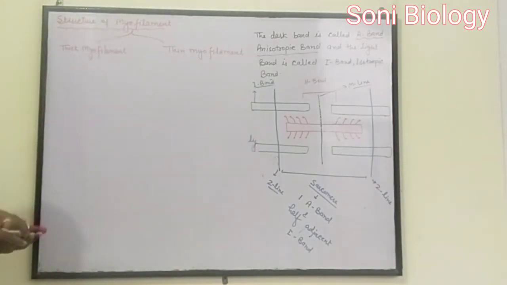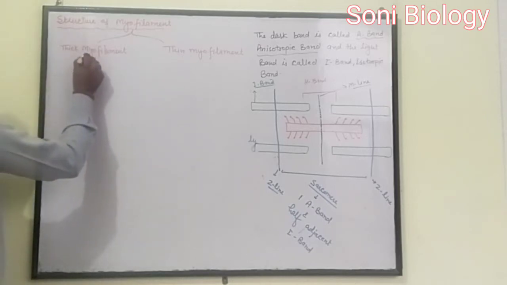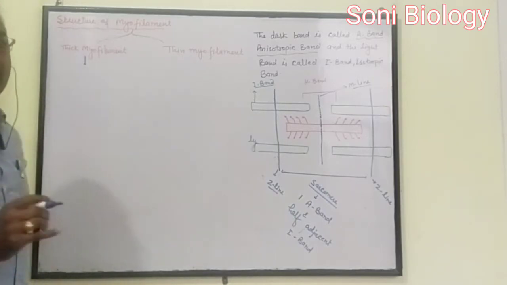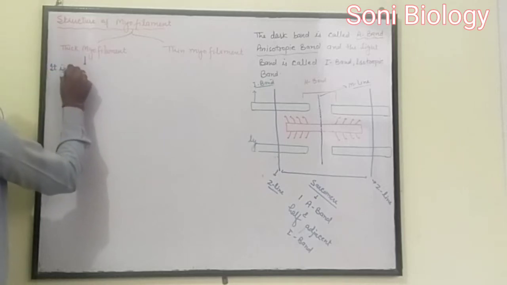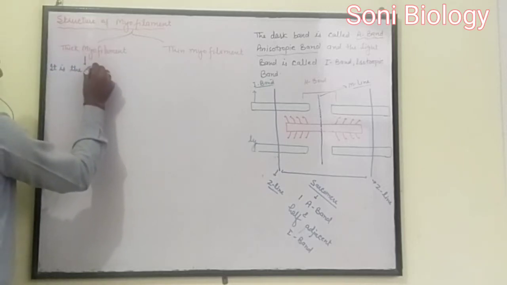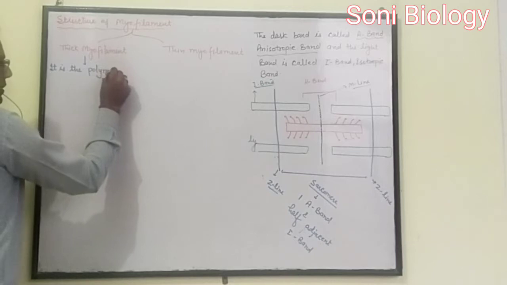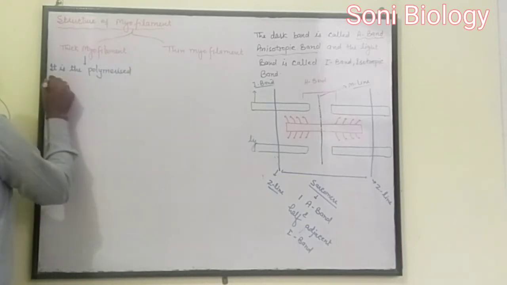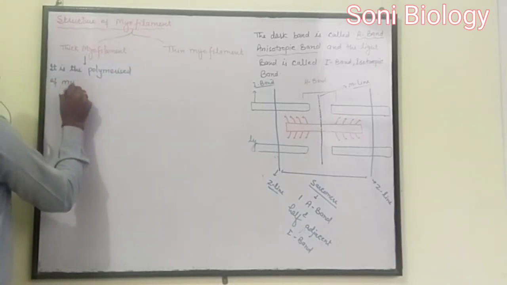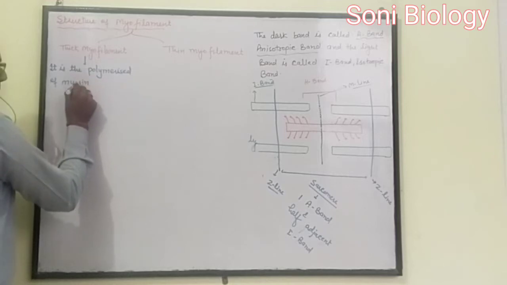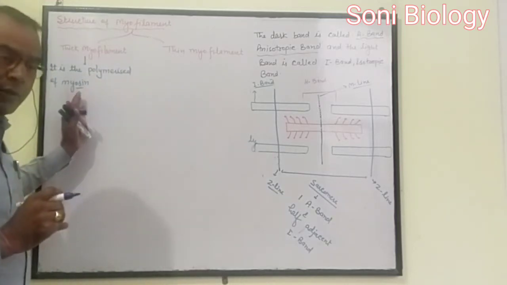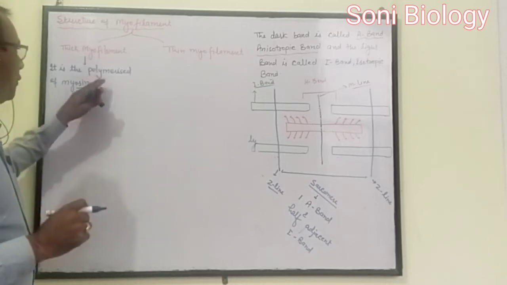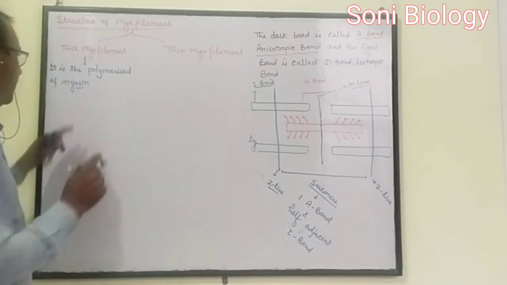The thick myofilament is made up of polymerized myosin. It means there are many monomeric units of myosin that form polymerized myosin.